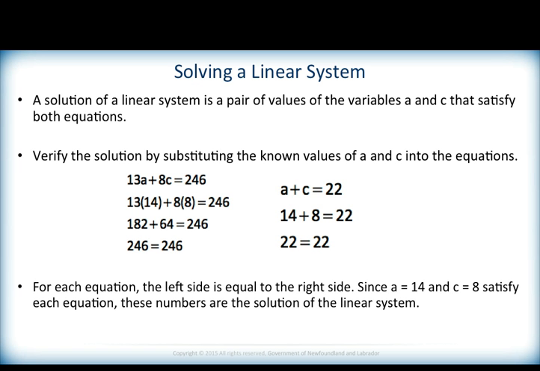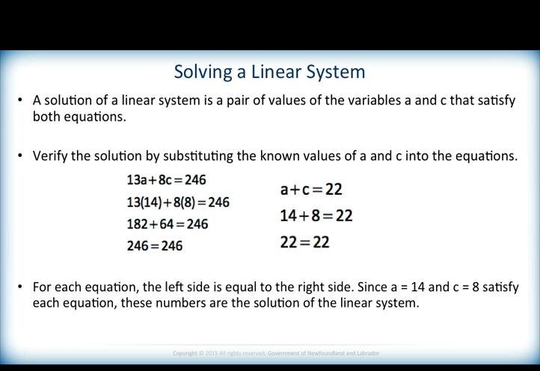If that is the case when you verify, then your solution is correct. Let's say, still talking about the movie tickets, that you're told 14 adult tickets were bought and 8 child tickets were bought. Let's substitute that into both equations to determine if that is a correct solution.